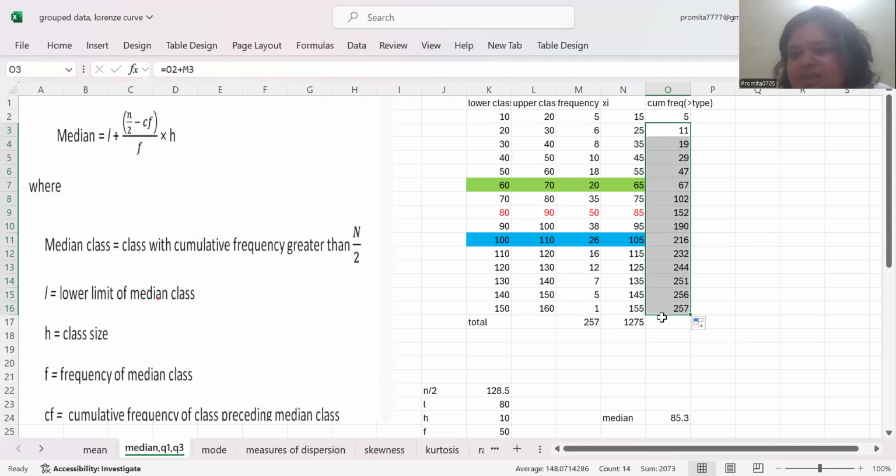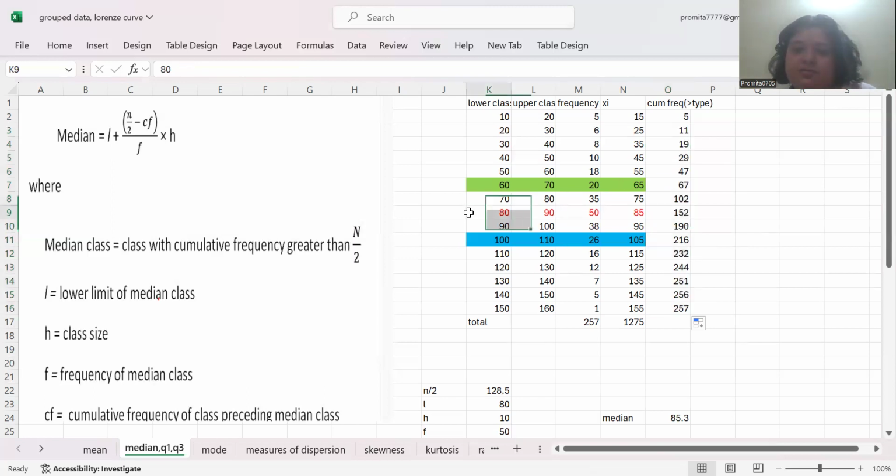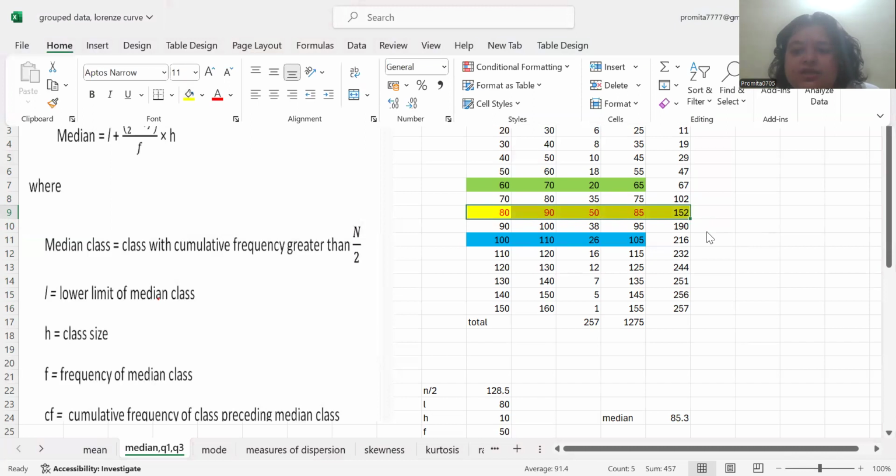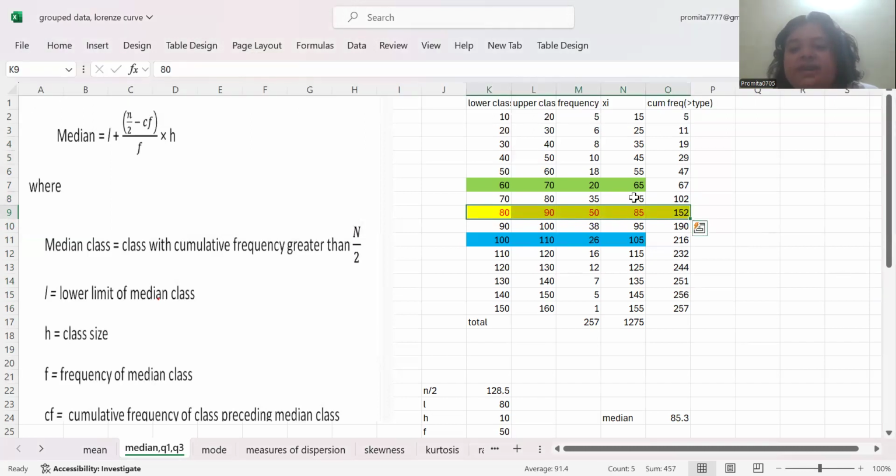Had it been 260, then it would have been 130. So n by 2 is 128 or 129. That particular cumulative frequency falls in this class. So we consider this the median class.